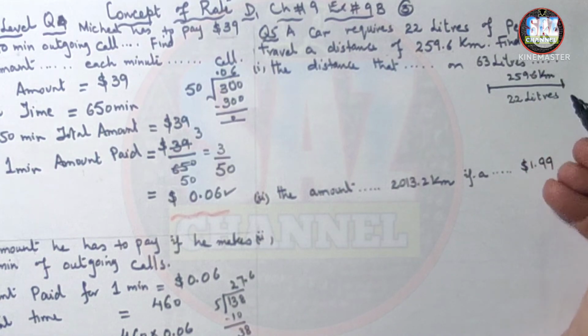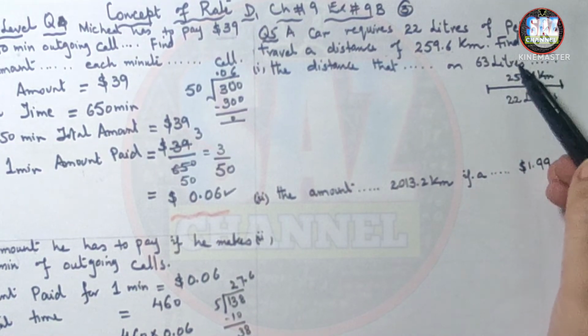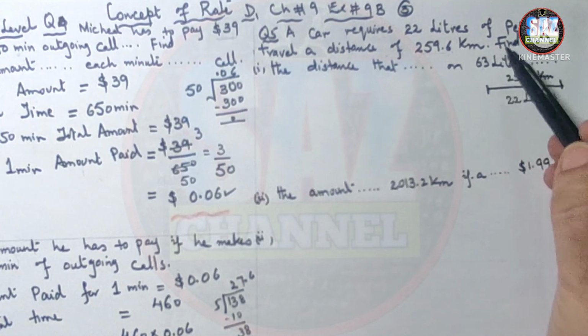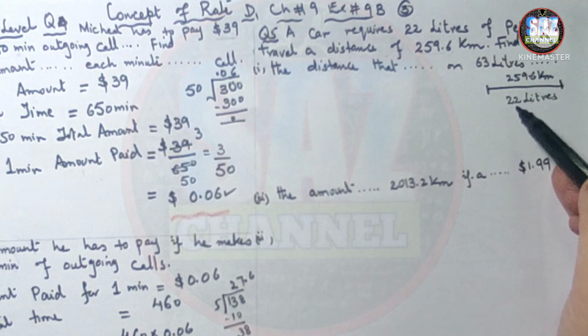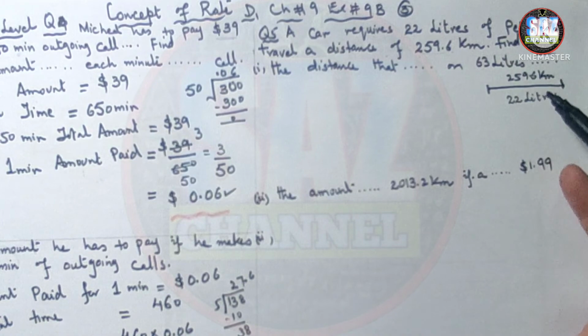And what do we need? We need to know how much distance will be covered in 63 liters. So it's really important that we have the value of how much distance is covered in 1 liter.